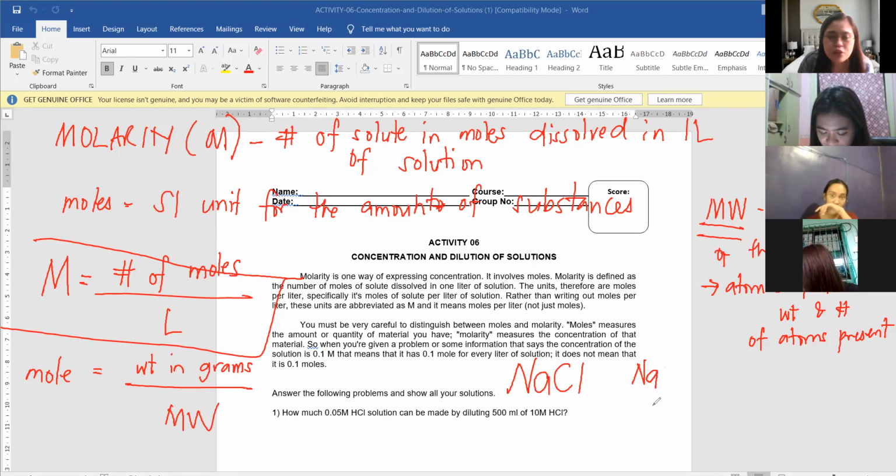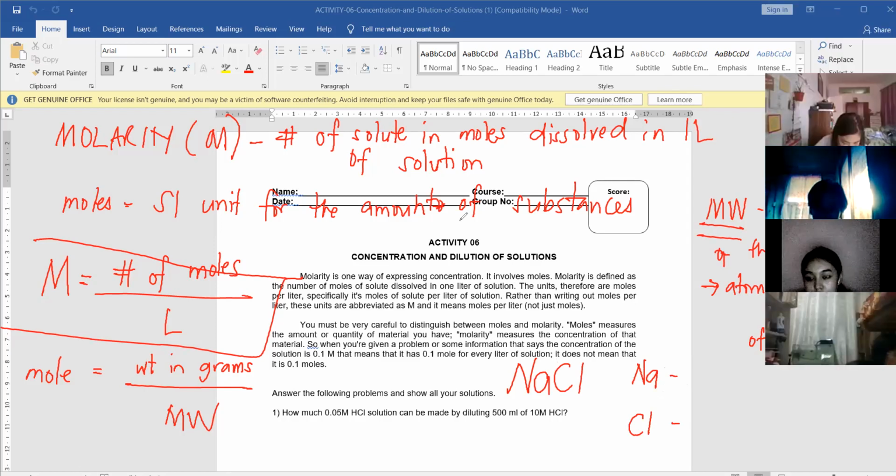So you have the sodium and the chlorine. Tapos, you identify how many atoms of each element are present in the compound. Again, you identify how many atoms. Siyempre, di ba, kung walang subscript, automatic this is 1. So we have 1 sodium and 1 chlorine.